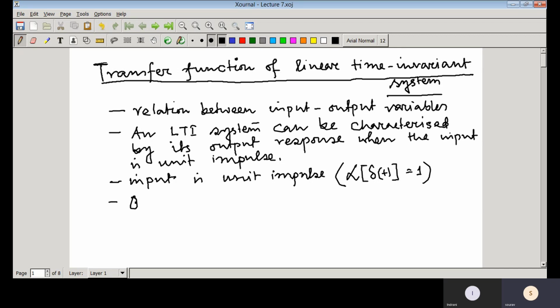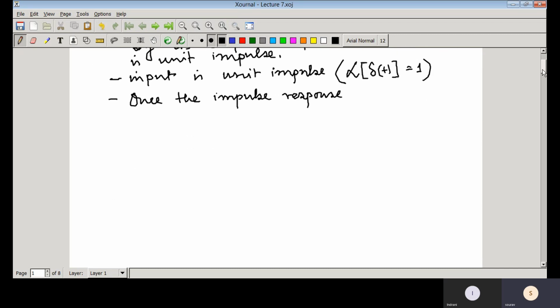That means if you have a linear time invariant system and apply that unit impulse to it, then you will get that output response.